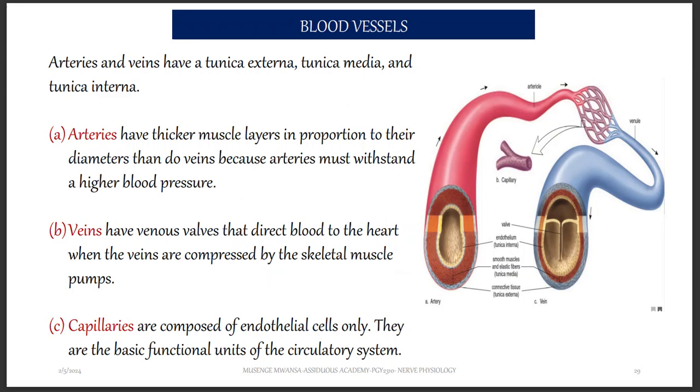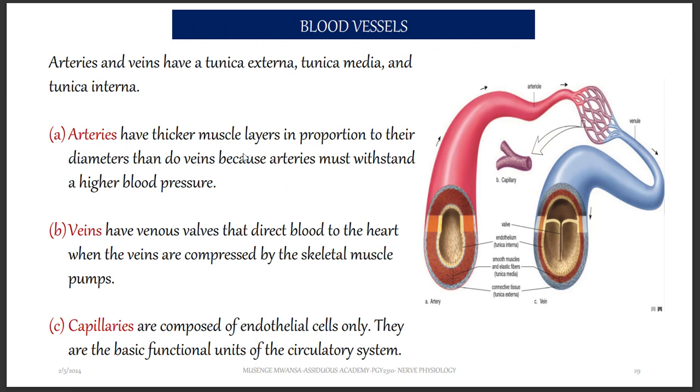For the blood vessels, blood vessels have a thick muscle layer. They are divided into arteries, veins, and capillaries. Arteries carry mostly oxygenated blood, except for the pulmonary arteries, which go to the lungs.